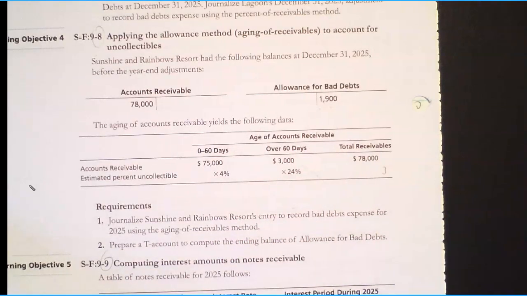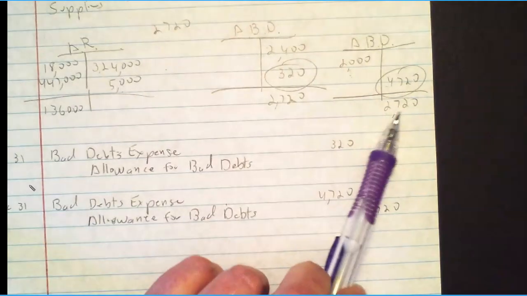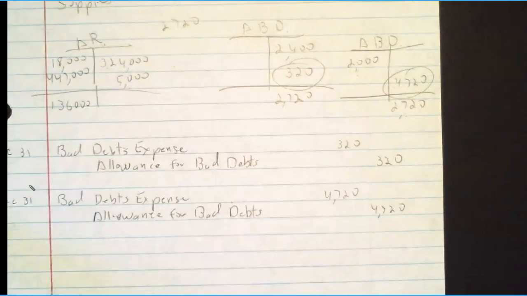If it is a percent of sales, the amount you calculate is the adjusting entry. If it has anything to do with receivable, the amount that you calculate needs to be the ending balance in your allowance account. I hope this makes sense. Let me know if you need anything else, okay?